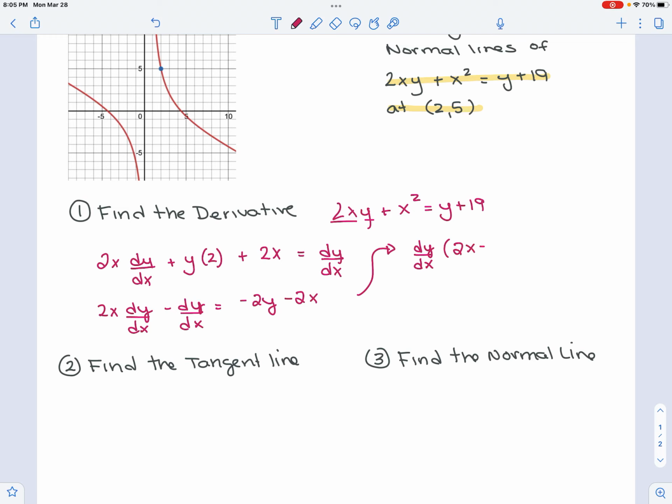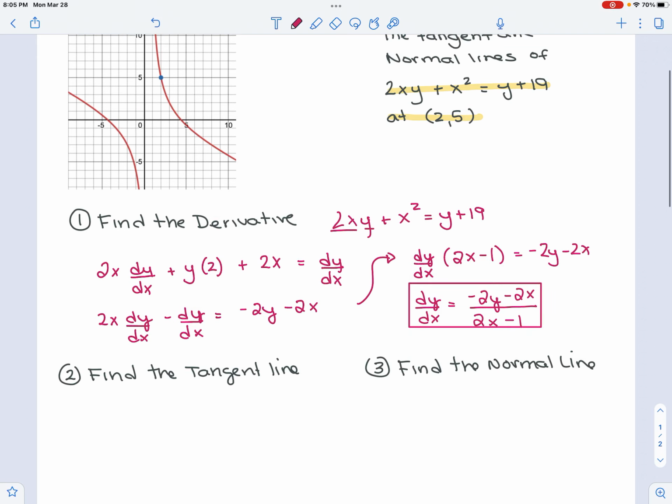And I have 2x minus 1, and then I have minus 2y minus 2x. And then I can isolate dy/dx, and I get dy/dx equals (minus 2y minus 2x) over (2x minus 1). Okay, so this is the derivative of this non-function. And I need to know both the x and the y value, which isn't a problem because I gave you the point (2, 5).